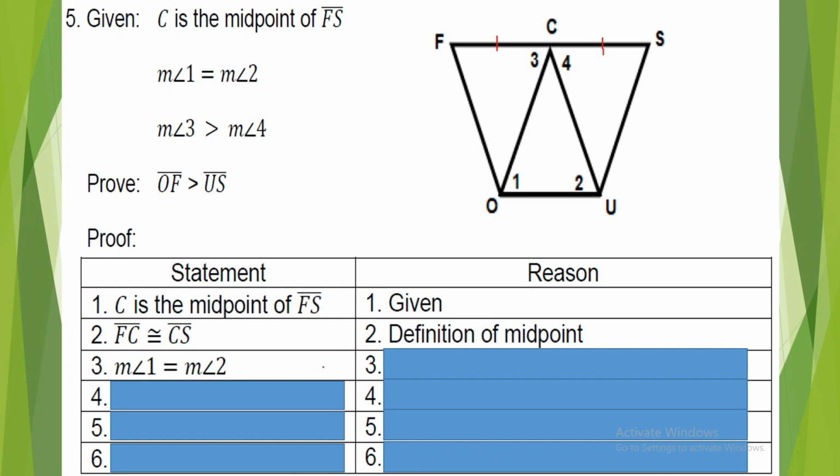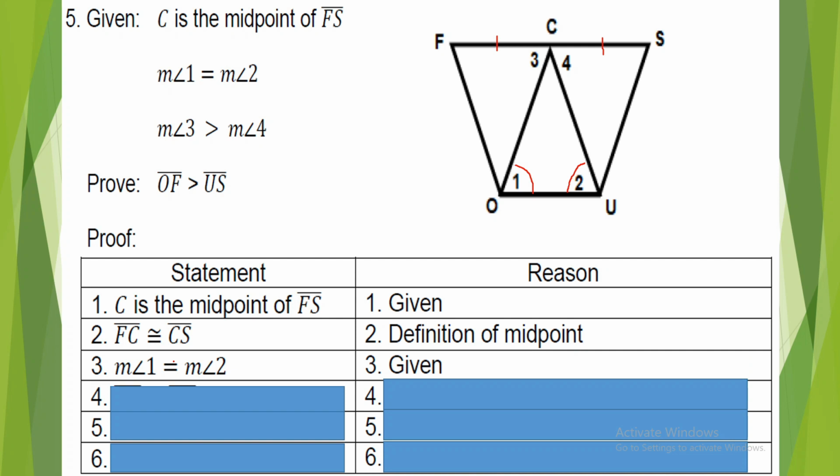Next, measure of angle 1 is equal to the measure of angle 2. So this angle is congruent to this angle. That is again from the given. Then next, we have if the measure of angle 1 is equal to the measure of angle 2, then segment OC is congruent to segment CU.